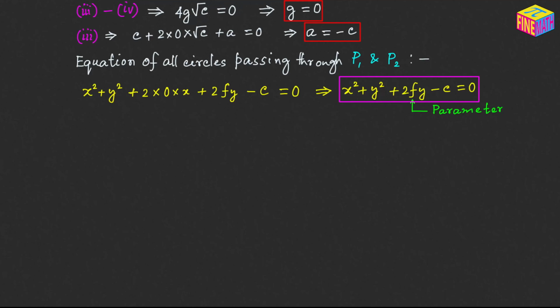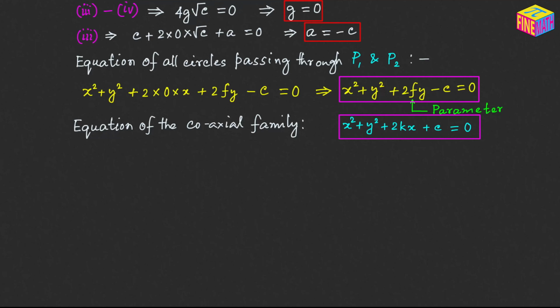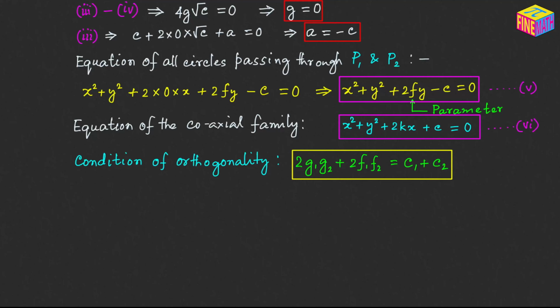And also we have been provided with the equation of the coaxial family, and that equation was like this, and let's call them equation number 5 and 6. Now what is the condition of orthogonality? Well, condition of orthogonality is like this: when the equations of the circles are like x squared plus y squared plus 2g sub 1 x plus 2f sub 1 y plus c sub 1 equals 0, and the second one is x squared plus y squared plus 2g sub 2 x plus 2f sub 2 y plus c sub 2 equals 0, then the condition of orthogonality between those two circles would be like this.